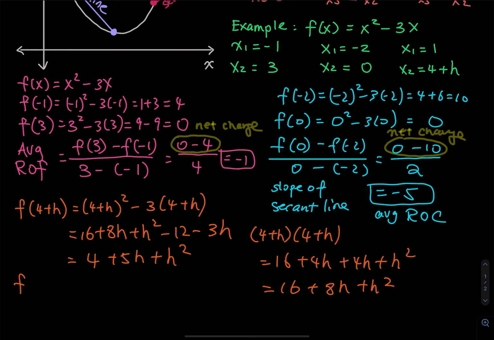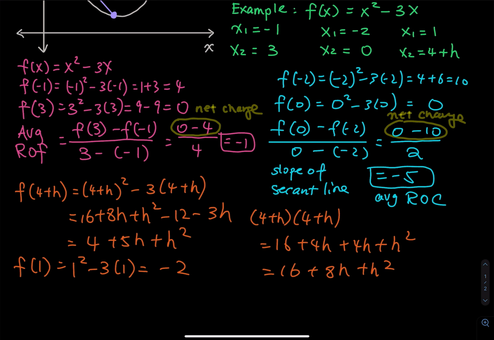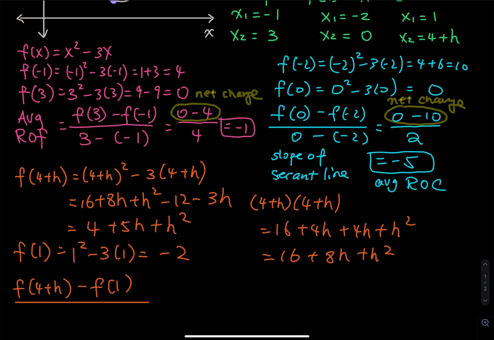And then f of 1, you just plug in 1. So that is 1 squared minus 3 times 1. 1 minus 3 is negative 2. And then the average rate of change is f of 4 plus h minus f of 1 divided by x2 minus x1, which is 4 plus h minus 1.